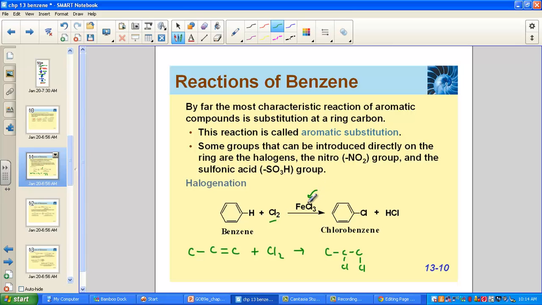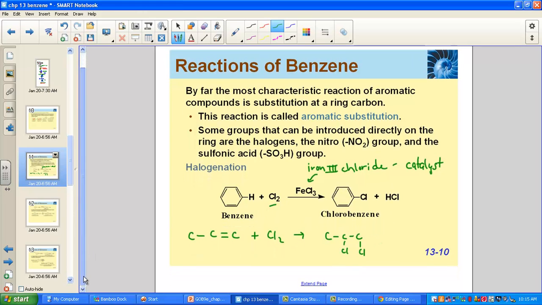However, in the presence of a catalyst, iron 3 chloride, I'm going to write that name so you can hear the Roman numeral, we can lower the activation energy. With that lower activation energy, we can substitute onto the benzene ring. Notice that it is a mono-substitution reaction. In other words, only one of the chlorines will combine on.